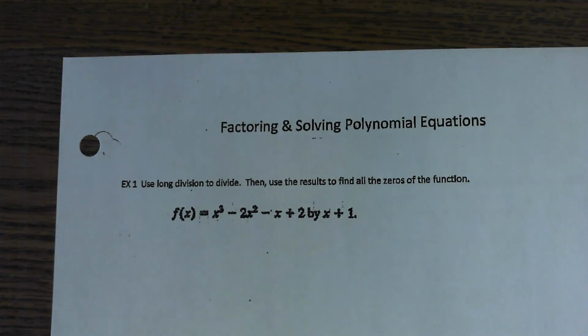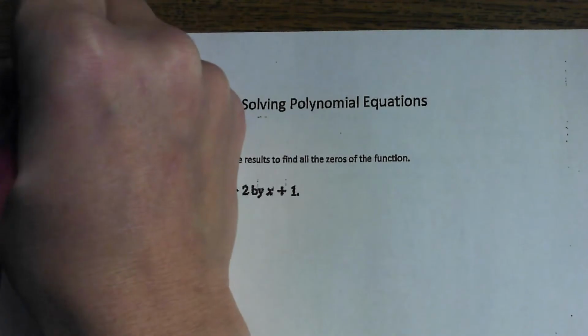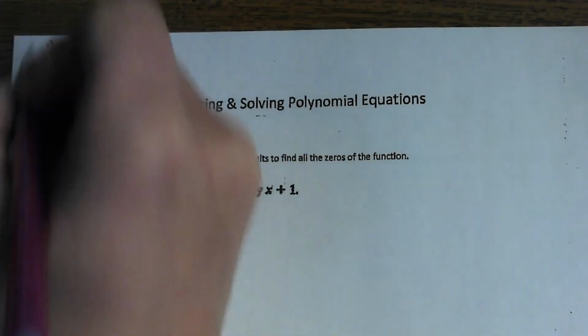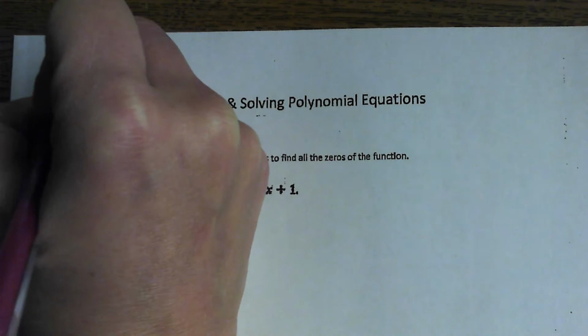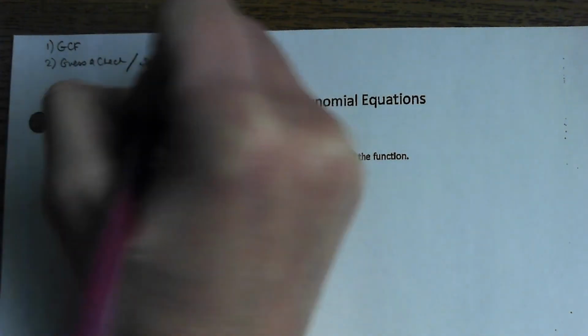Well, we'll list all of our methods of factoring. So your traditional methods that you've been working on for a couple years have been taking out a GCF, guessing and checking, or splitting the middle term.